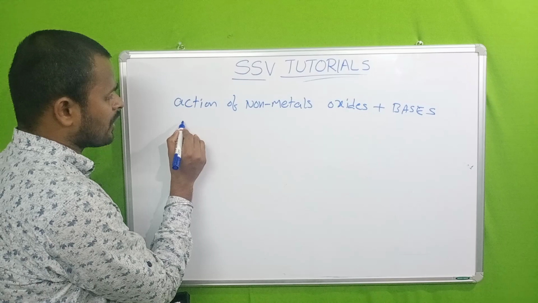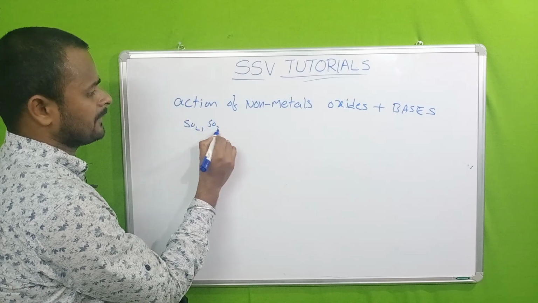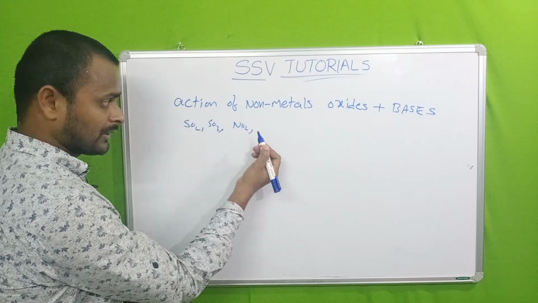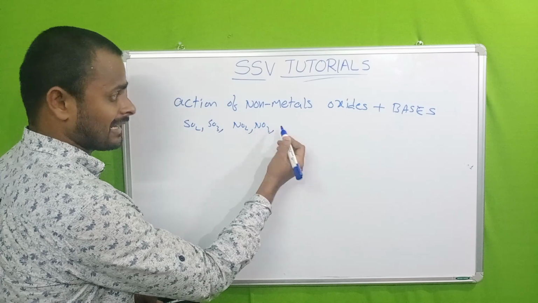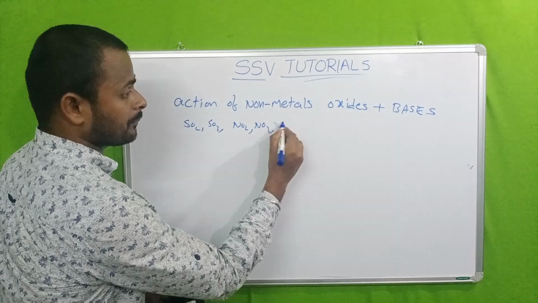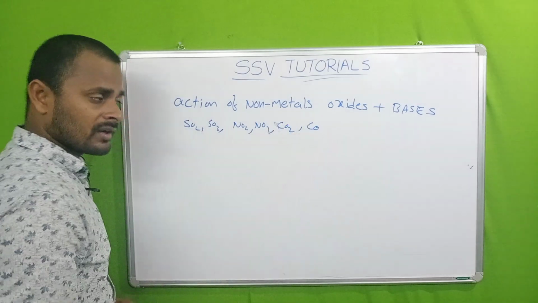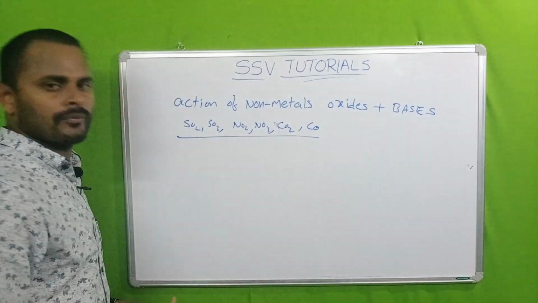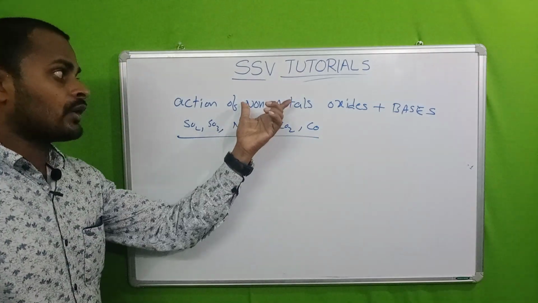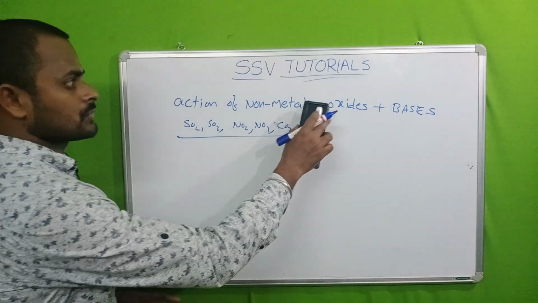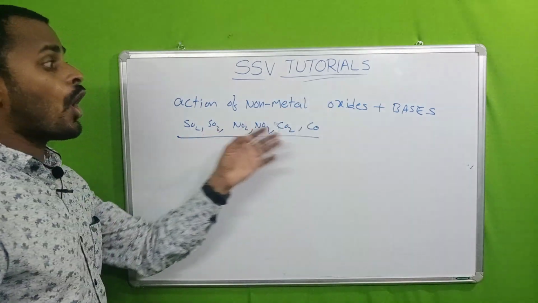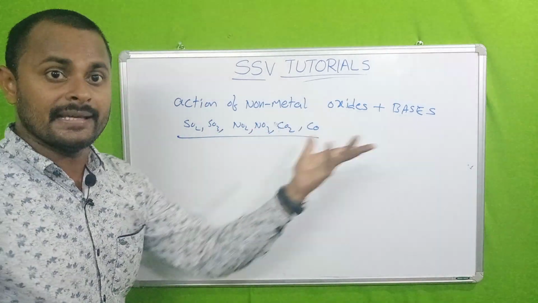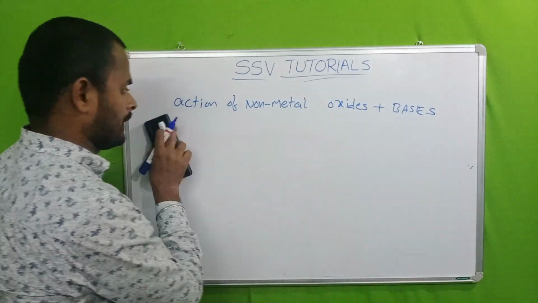For example, non-metal oxides are sulfur dioxide, sulfur trioxide, nitrogen dioxide, nitrogen trioxide, carbon dioxide and carbon monoxide. All these kinds of oxides are called non-metal oxides. So when a non-metal oxide reacts with a base, what products are formed?